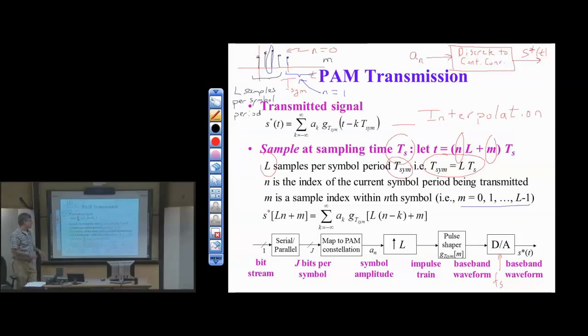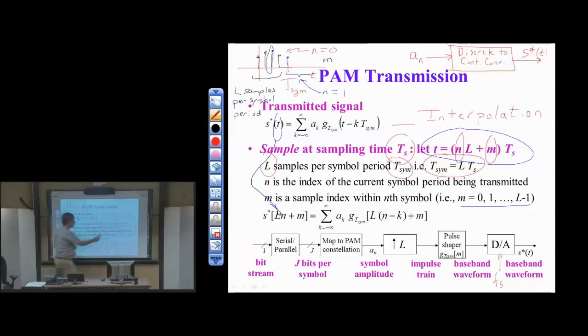Now if we go ahead and go through the sampling on this, we're going to replace little t with little n L plus little m, that quantity times the sampling time. So I'm replacing little t with little n times capital L, right?